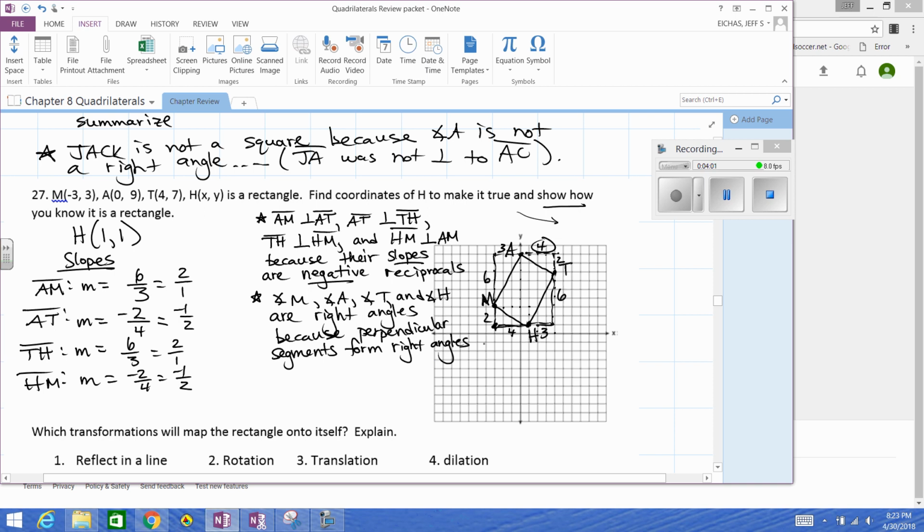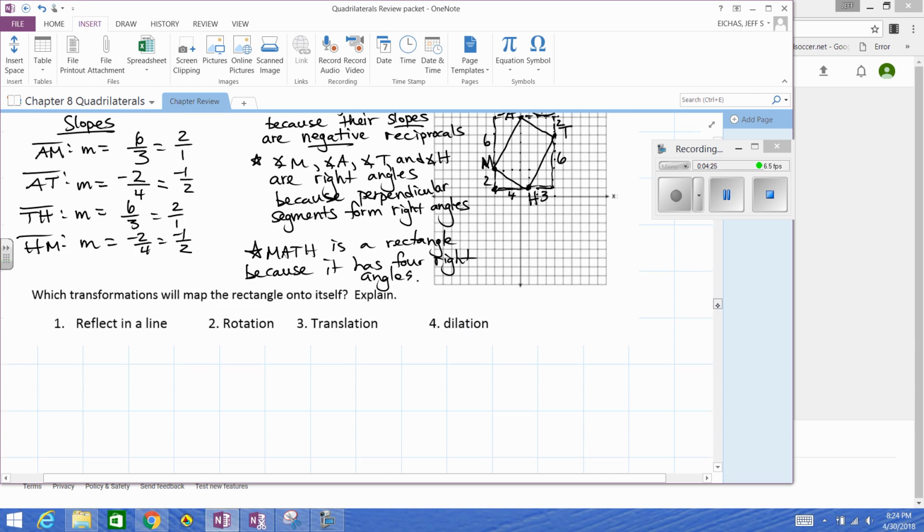Okay, and then lastly, MATH is a rectangle because it has 4 right angles. So I'm just prepared in case that, in fact, it is a full-on proof, 6 points. That would be worth at least 4 there.